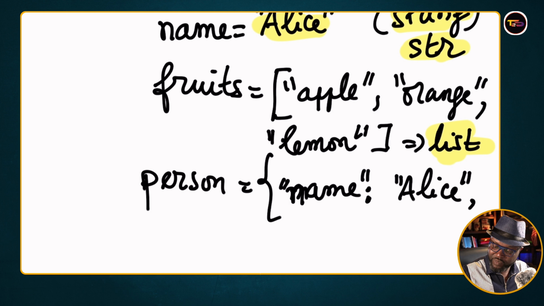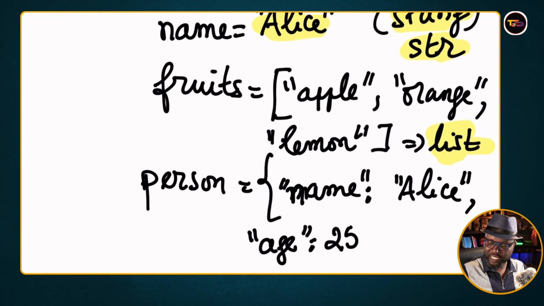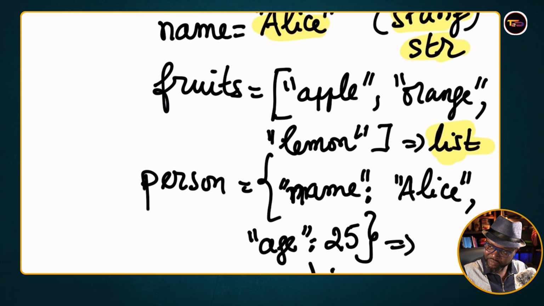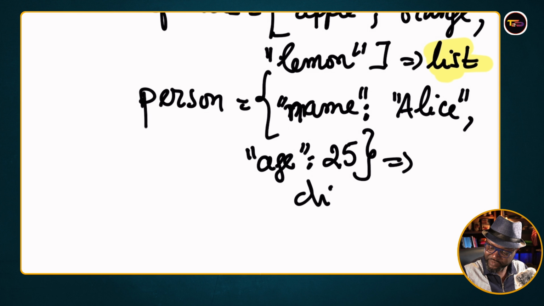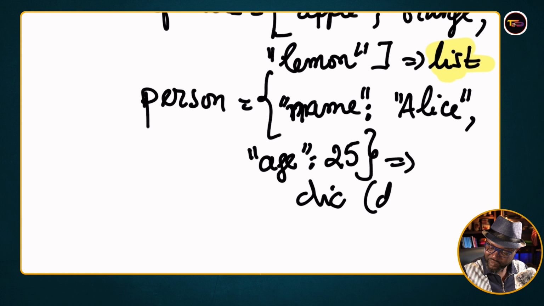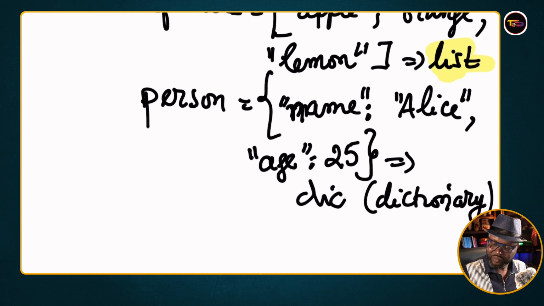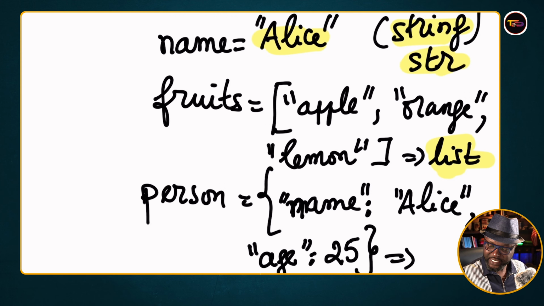You have a comma, then age as a string. Then you have an integer, it's 25, and then close the curly bracket. And this is what we call a dictionary, dict. There you go. So these are very, very important things.